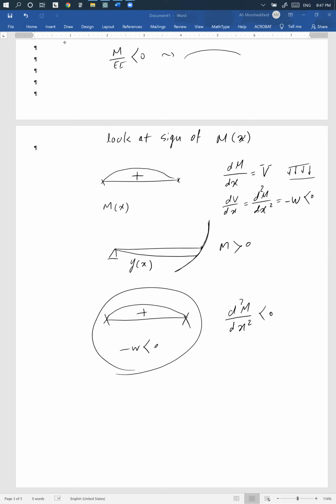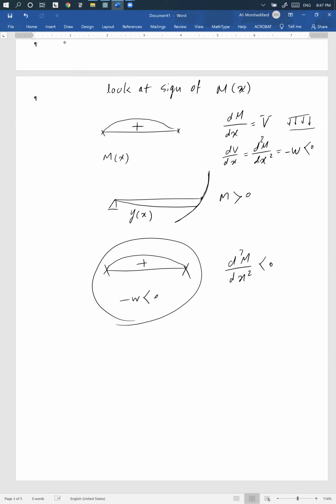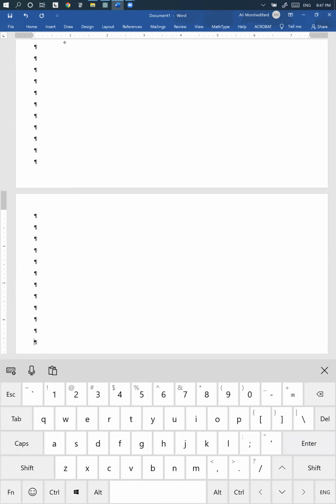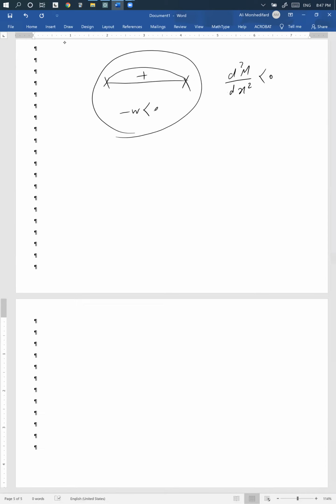Okay, that's a good question. Richard is asking about, so in class you have heard, plot moment on the compressive side.